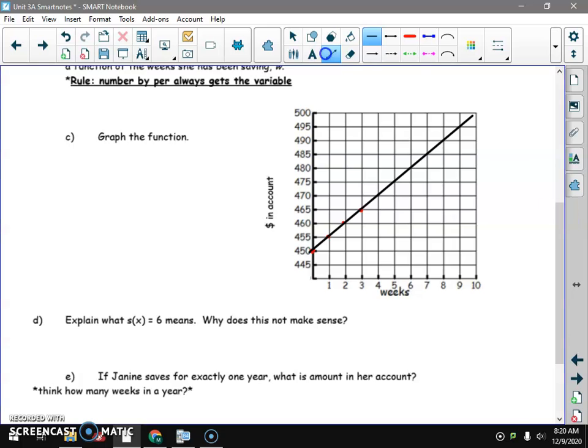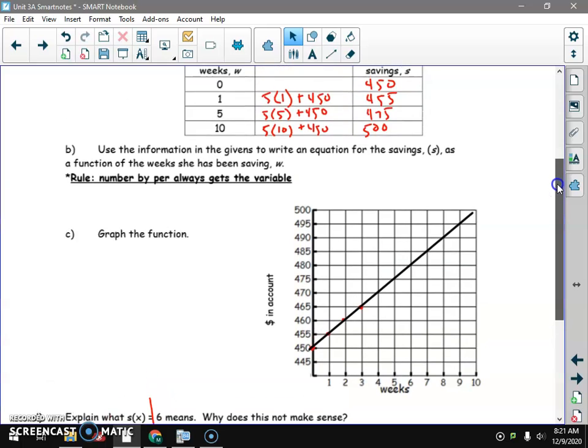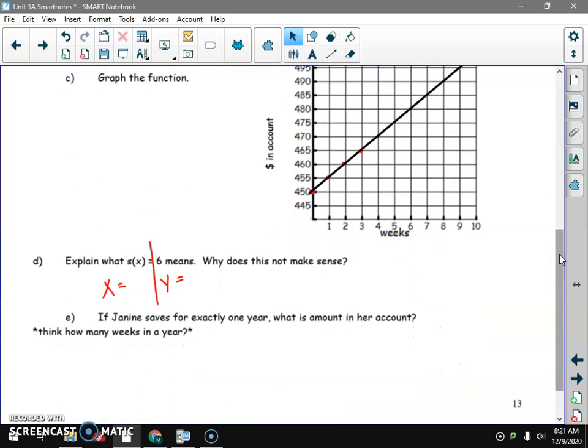Now let's explain what S of 6 means. I can draw my great wall down. I can write x equals y equals. I can't go on the table because there is no 6 up here. So I'm going to have to use my graph. If I go over to 6, up, and then over, y equals 480.